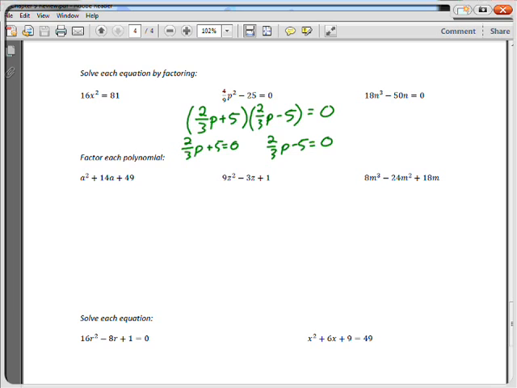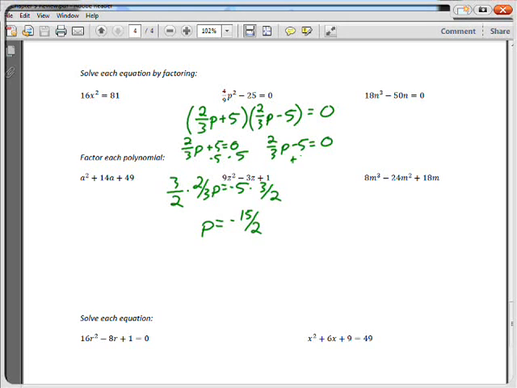And so if I subtract 5 on this one, I'll be left with 2/3 p equals negative 5. In order to get rid of a fraction in an equation, I have to take it times the reciprocal. So I take it times 3 over 2. If I take it times 3 over 2, I'm going to be left with p is equal to negative 15 halves.